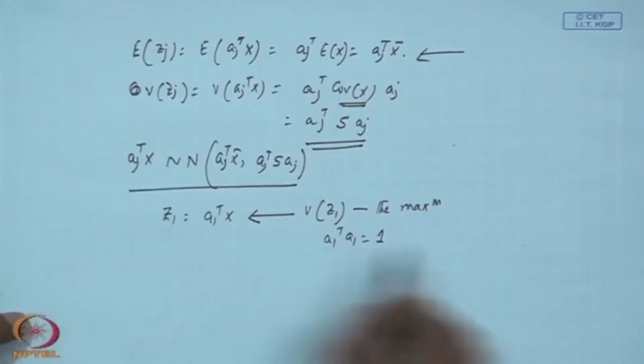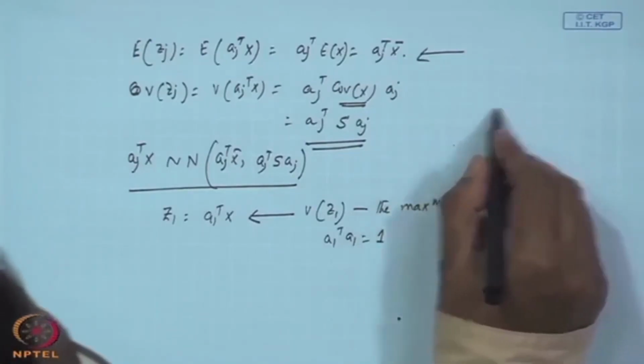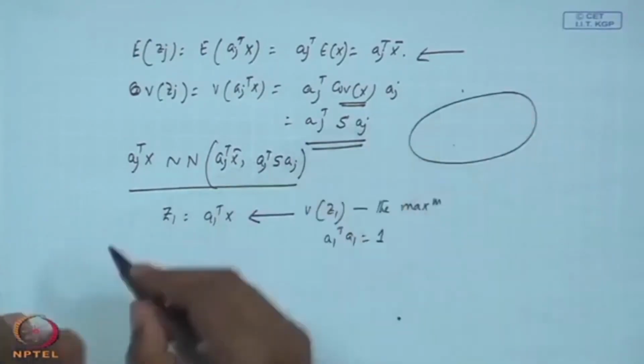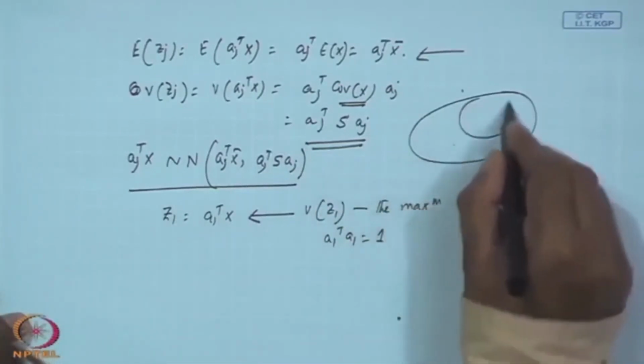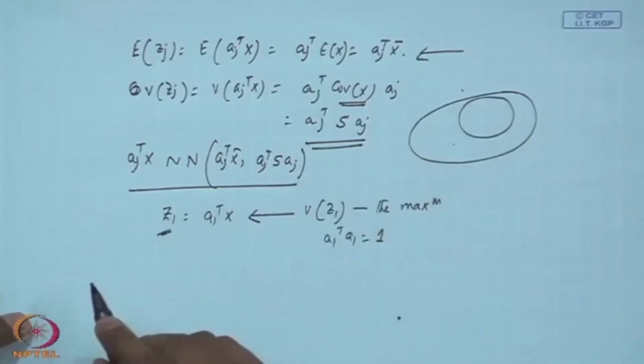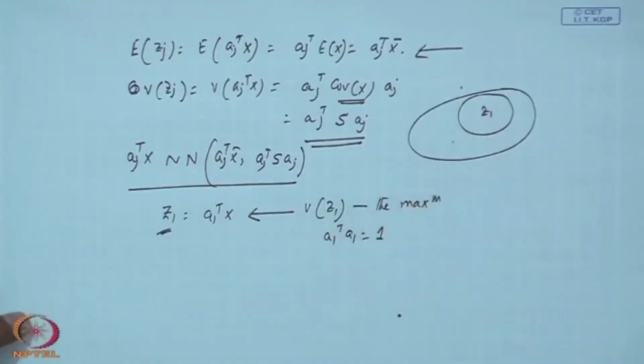So, I have a data set, and suppose this is my total variability portion. Z1 will extract as much as possible.